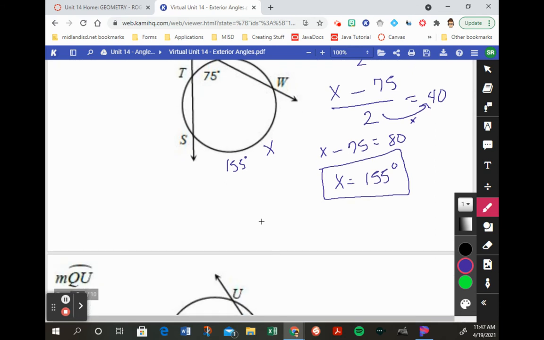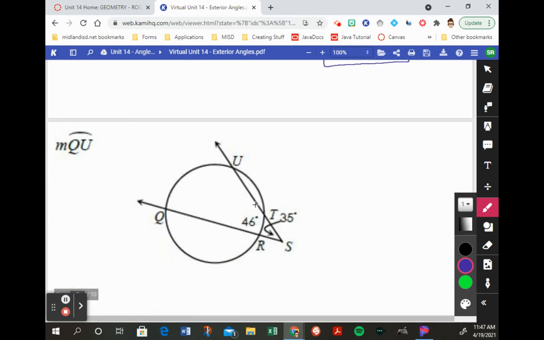Okay. Oh, we have another one like that. So let's see if we can do this one again. So I have my angle equal to arc 1 minus arc 2 divided by 2. Arc 1 is x. X minus 46 divided by 2 is equal to 35 degrees.